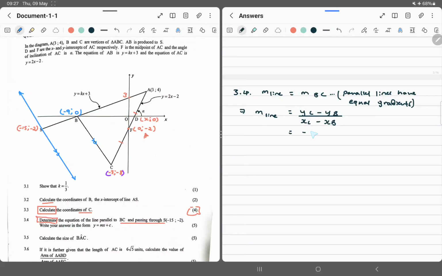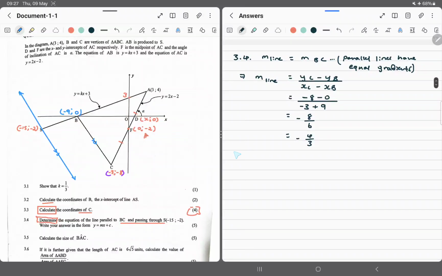At C it's minus 8 minus 0 divided by minus 3 minus 9, which is going to be plus 9. So this is basically minus 8 over 6, which if we simplify it's minus 4 over 3. Okay, that's the gradient of the line.